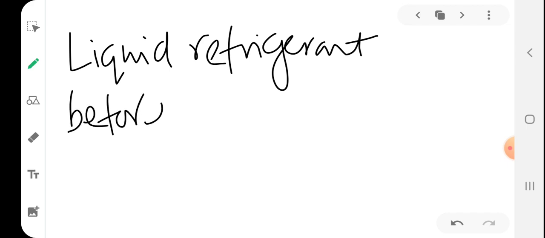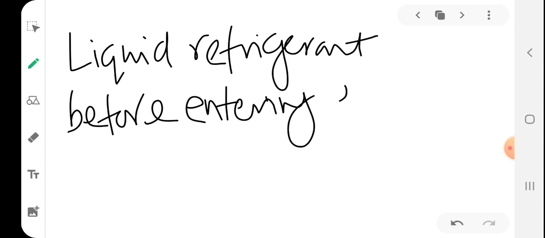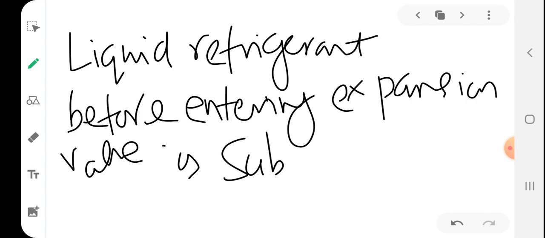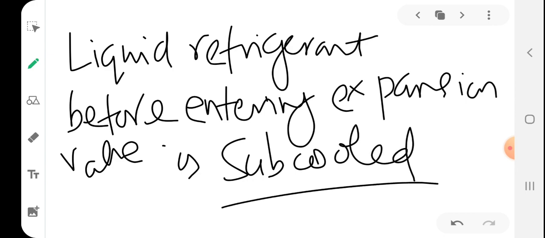This may not be the case in the theoretical case, but in the actual case it is always subcooled in the condenser.